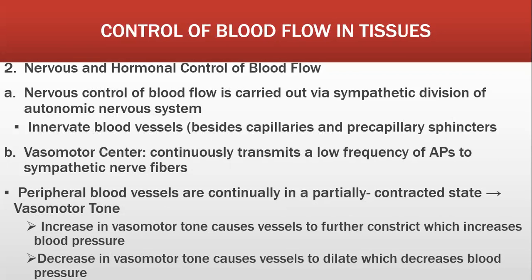These peripheral blood vessels are continually in a partially contracted state, called vasomotor tone. So if there is an increase in vasomotor tone, it causes the vessels to further constrict, which increases the blood pressure. And if the vasomotor tone decreases, the blood vessels will dilate and decrease the blood pressure.